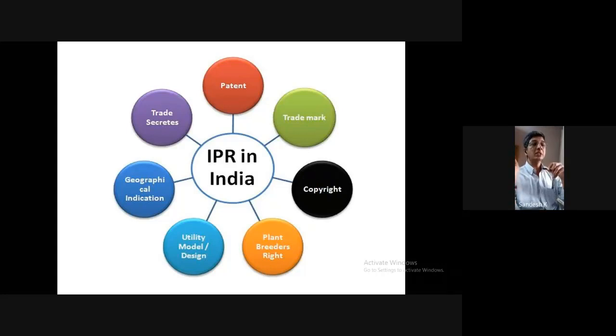They can maintain it, there is no harm. But the other things, patent, trademarks, copyrights, plant breeders act, GI, and design, these are all protected. There is a specific law for every aspect which protects your intellectual property for a certain period of time, as well as territory.